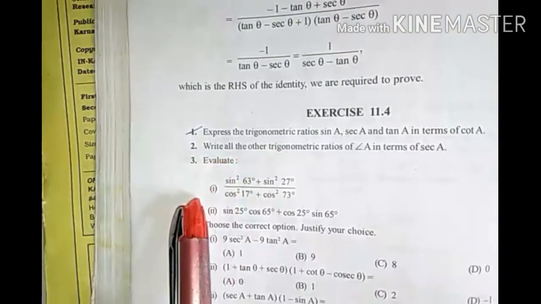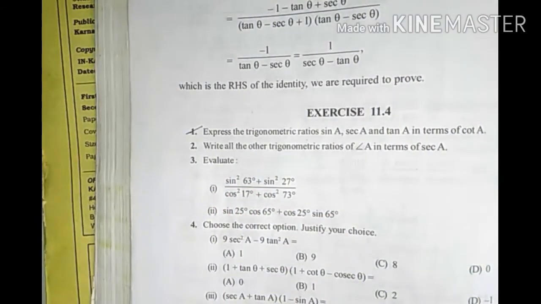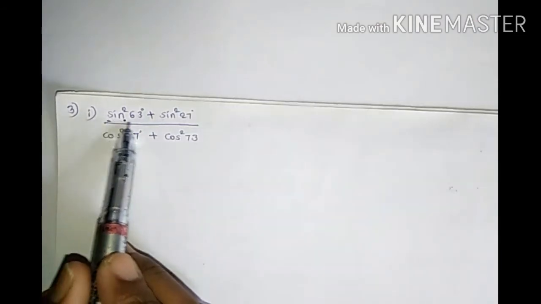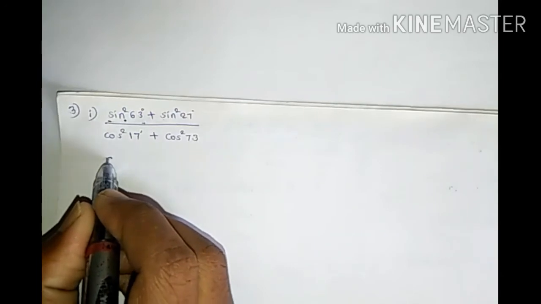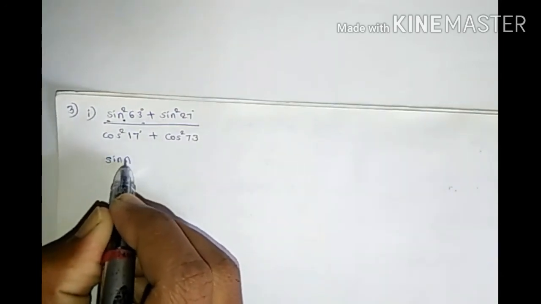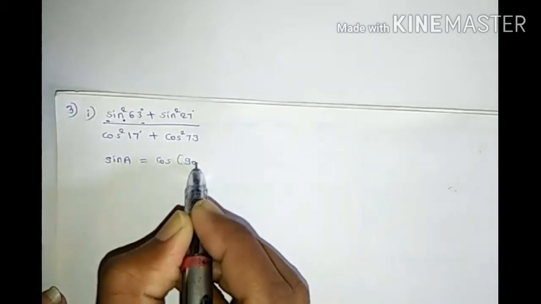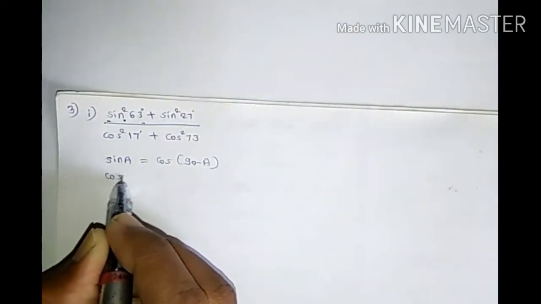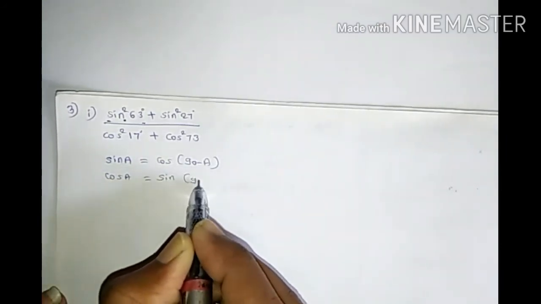In the third main question we have two sub questions. We will solve them one by one. In this, first we have to convert this. Use the identity, that is sin A equal to cos of (90 minus A), cos A equal to sin (90 minus A).